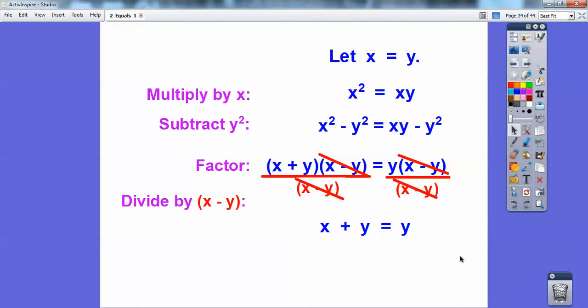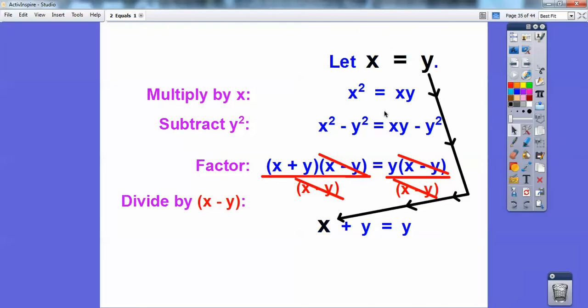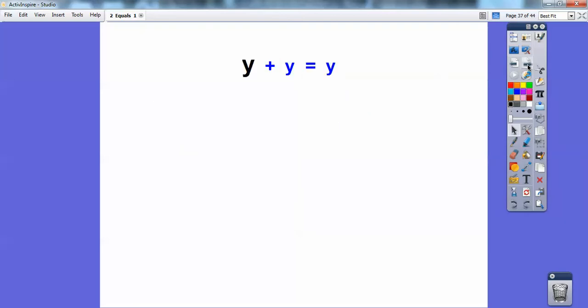And then from the beginning, way at the beginning, x equals y. I'm going to use the substitution property: since x equals y, I'm going to substitute in y for this x right here. So there it is, it got substituted in. Now I'm running out of space, so I'm going to move it up there.